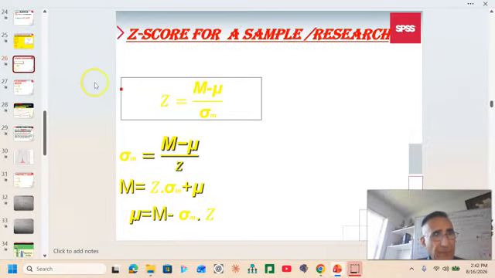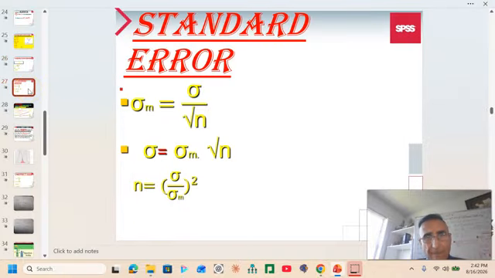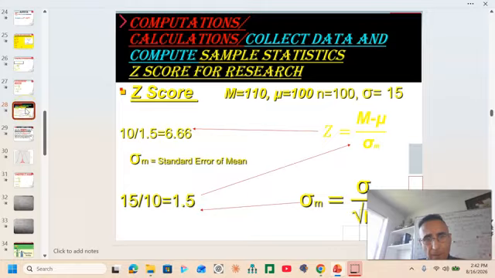Let me see if I have an example here. Right here, the mean is 110, and the mean for IQ is 100, and we've got 100 students. Of course, we know the standard deviation is 15.